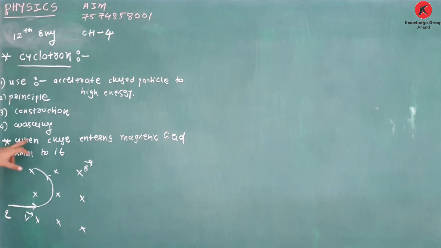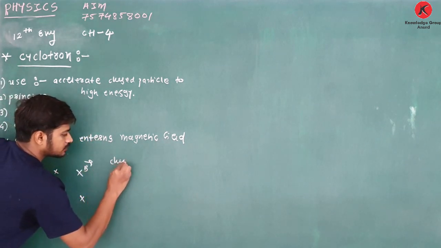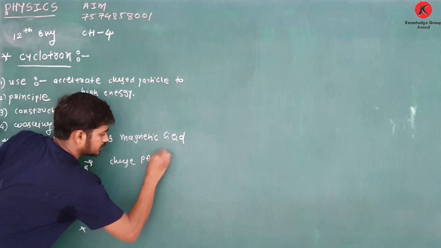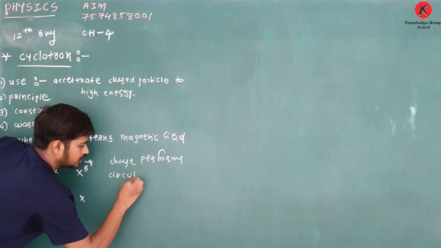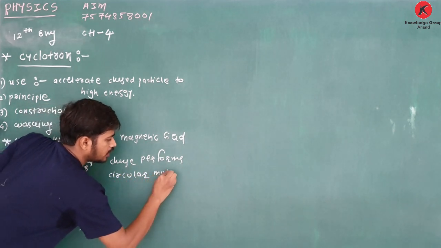So we know that when a charge enters a magnetic field normal to it, the charge performs circular motion.